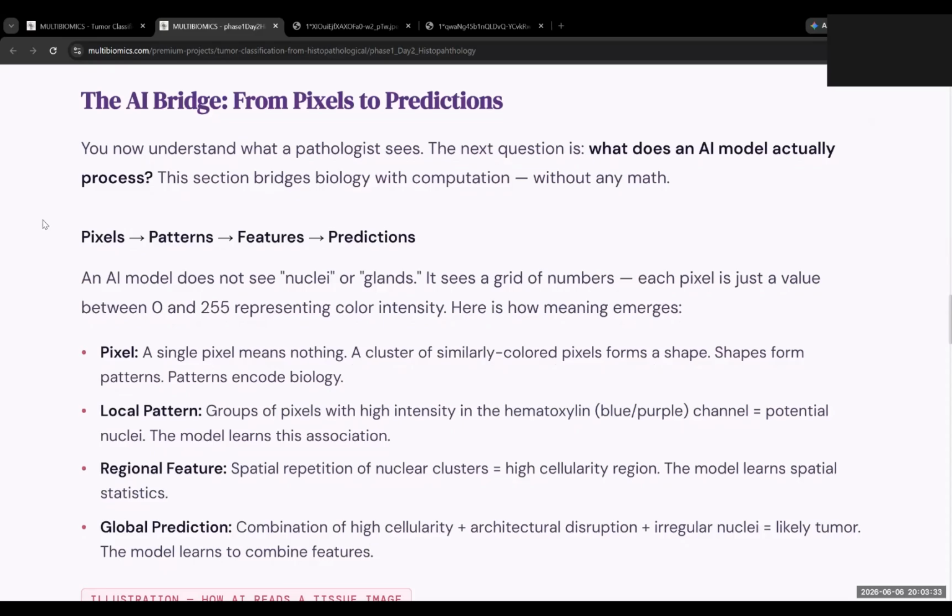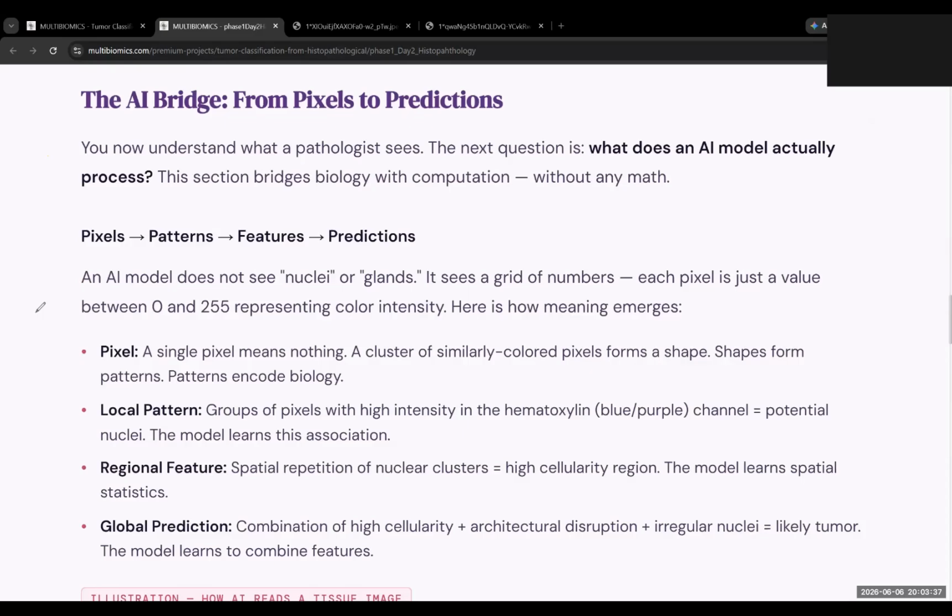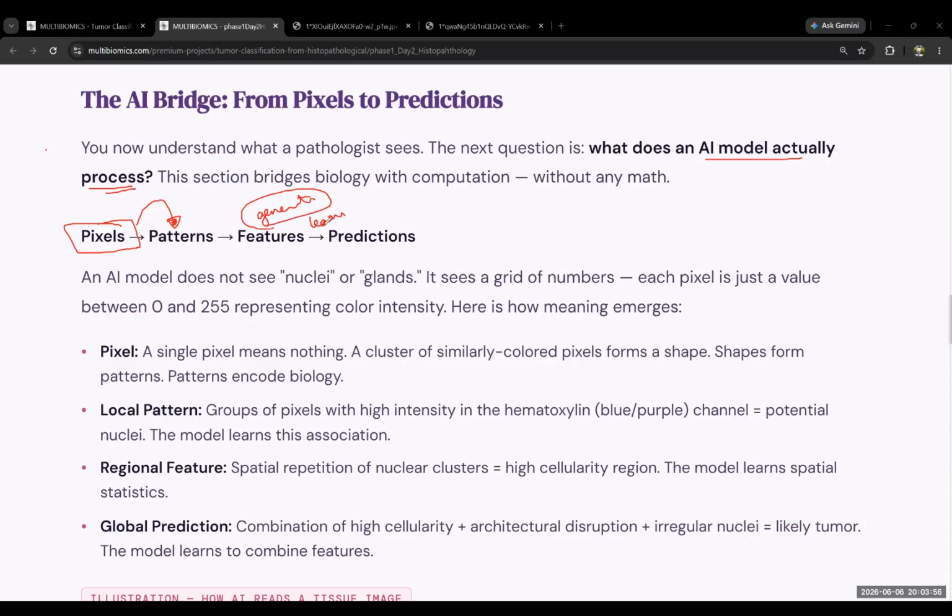Now, let us come to the AI part. You have seen the histopathological biological part. Let us see the AI part. What does an AI model process? It will process the pixels. From pixels, it will look at certain patterns and try to learn what the features are.